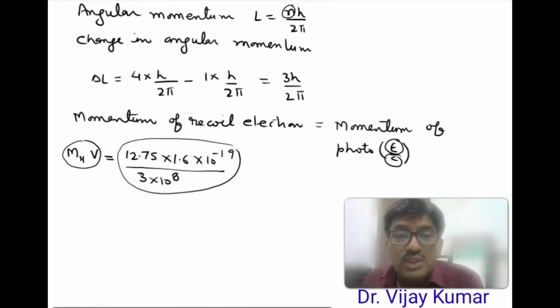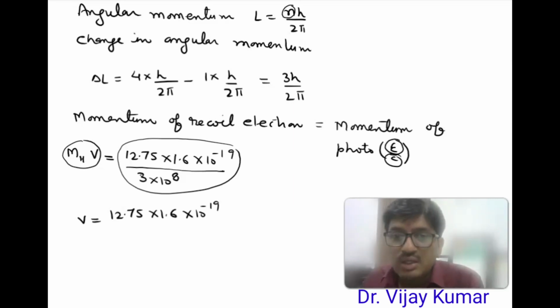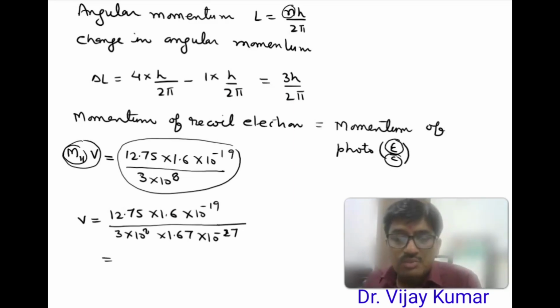So V equal to 12.75 into 1.6 into 10 to the power minus 19 upon 3 into 10 to the power 8, divided by mh, which is 1.67 into 10 to the power minus 27. If we solve it, it becomes 4.1 meter per second.